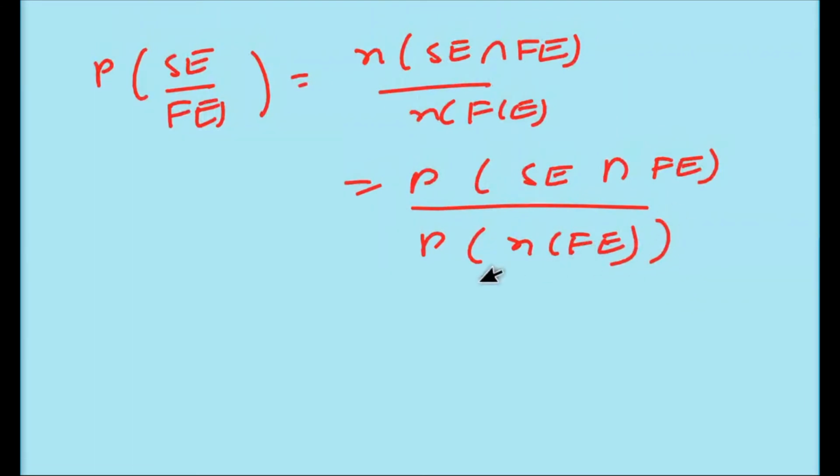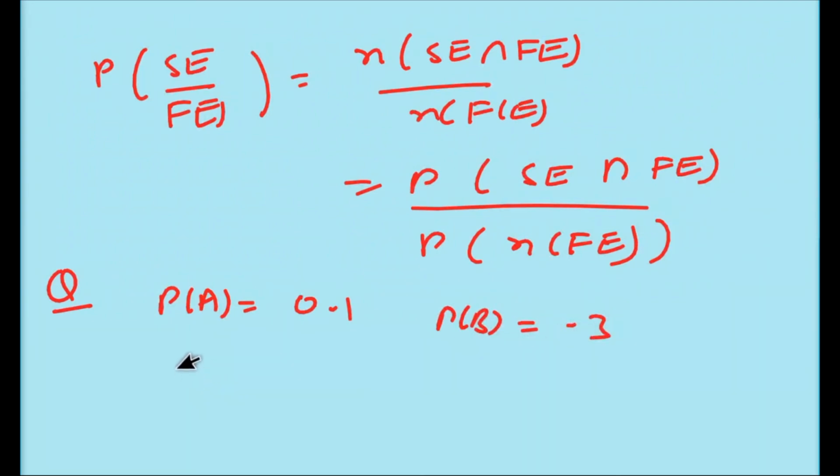Okay, student. Now you can see a question. P(A) equal to 0.1, P(B) equal to 0.3, and P(A intersection B) equal to 0.04.